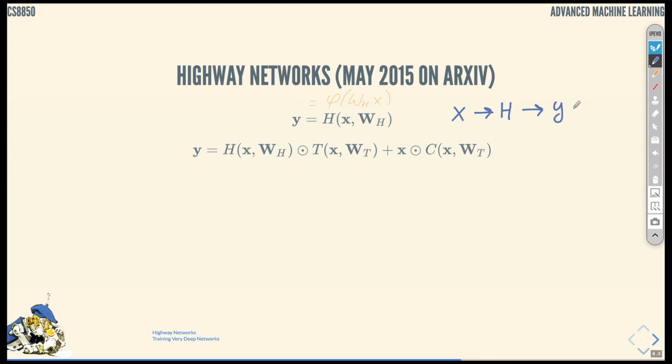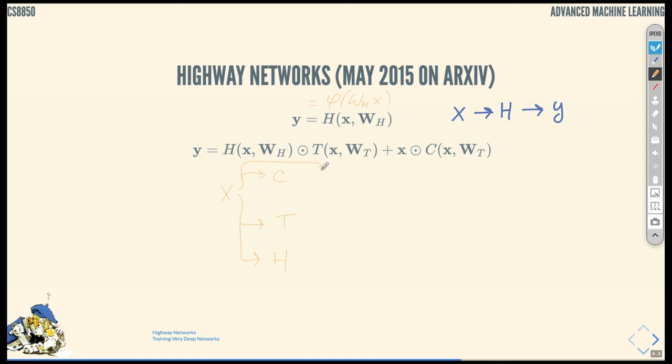Now, what this equation says is take x, push it through t, push it through h, and also push it through c, the carry. C is the carry gate. Why it is a gate, we will cover in just a moment. T is the transfer gate.